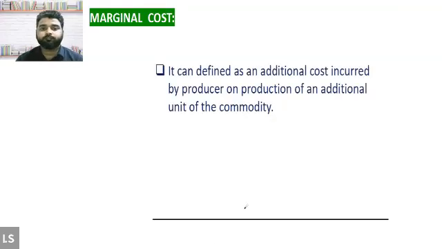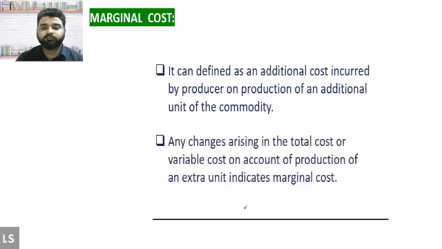Okay, so the definition of marginal cost: it can be defined as the additional cost incurred by the producer on production of an additional unit of the commodity. Any change arising in the total cost or variable cost on account of production of an extra unit indicates marginal cost, right?